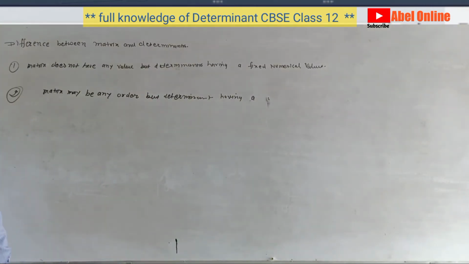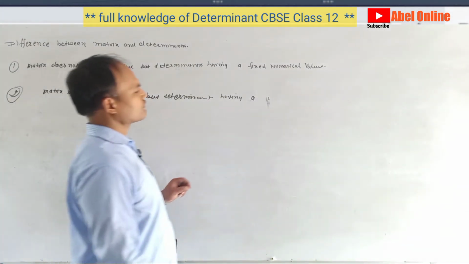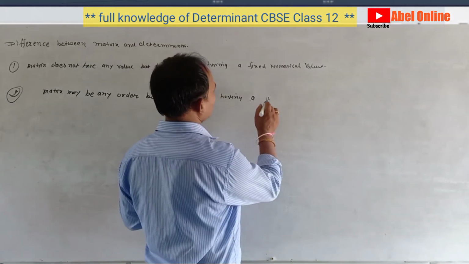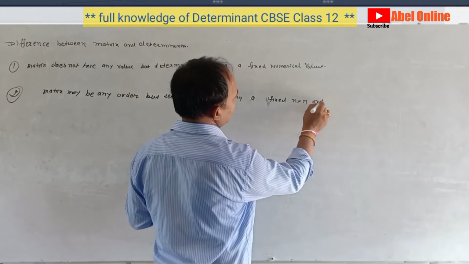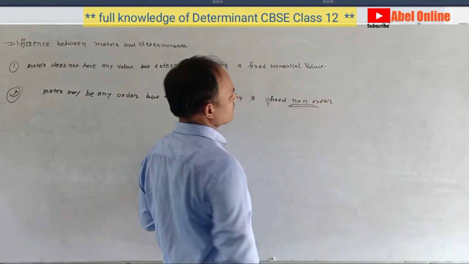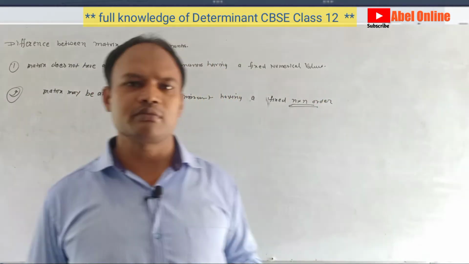So we can say that the order is n cross n, which means the orders are the same in a determinant.